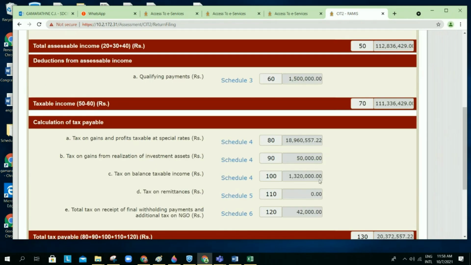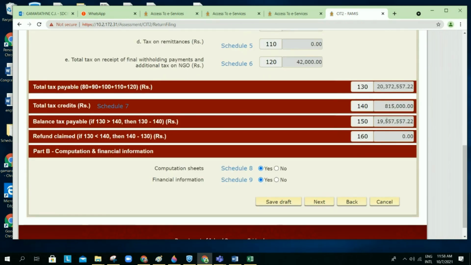Then you can see the total balance tax payable amount. Total balance tax payable amount is 19,557,557.22.